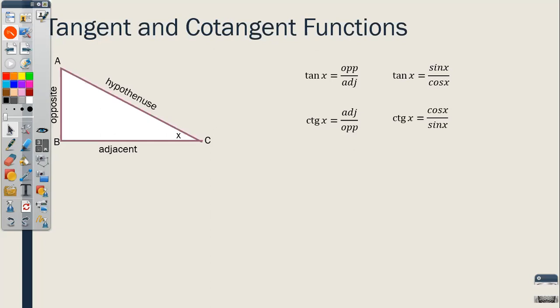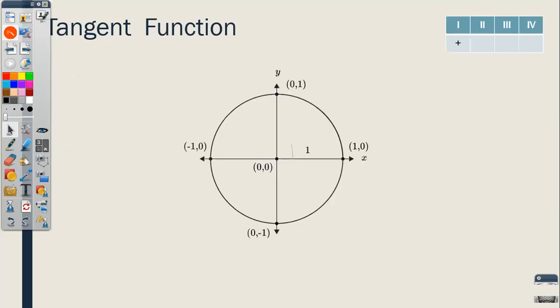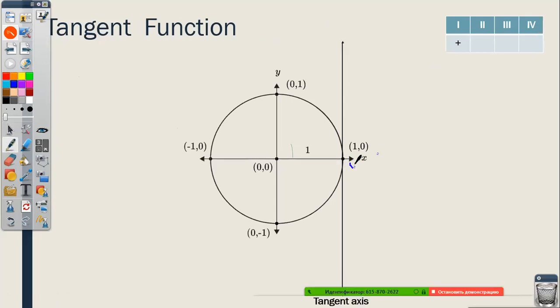Now let's see the tangent and cotangent functions on the unit circle. The first one is the tangent function. See here we have a unit circle and here we have a tangent axis. The tangent axis is always at x equals 1, and so it is always parallel to the y-axis.